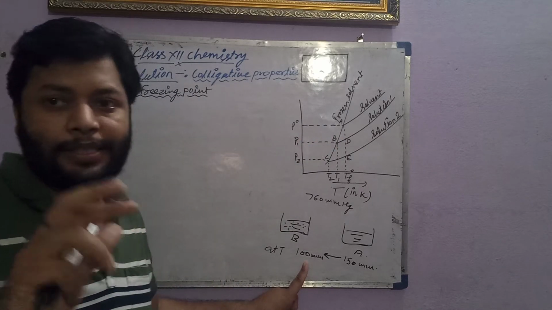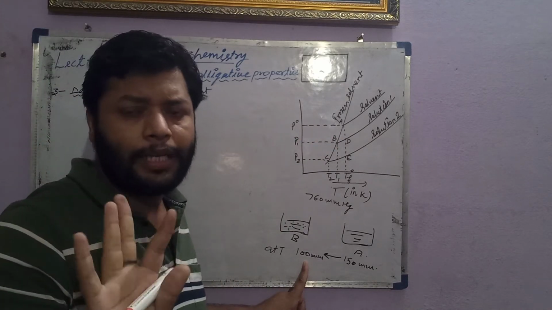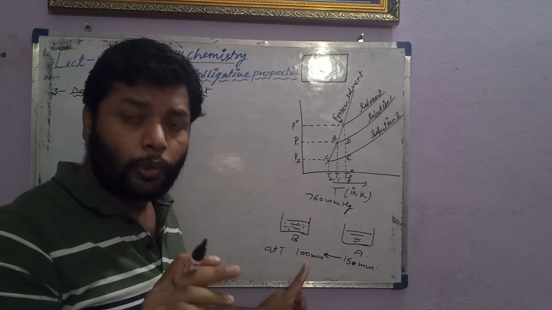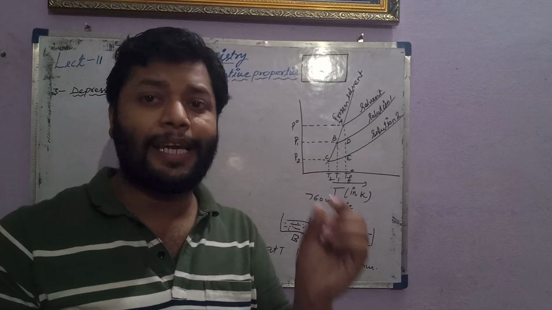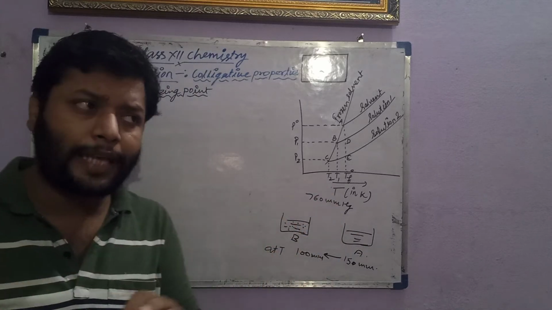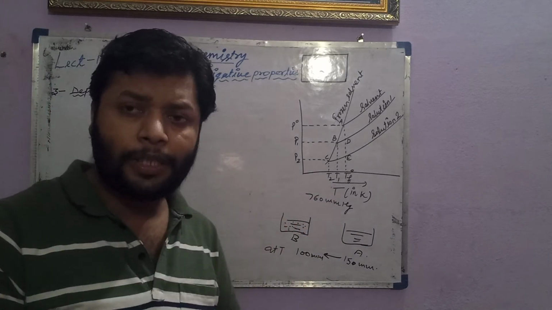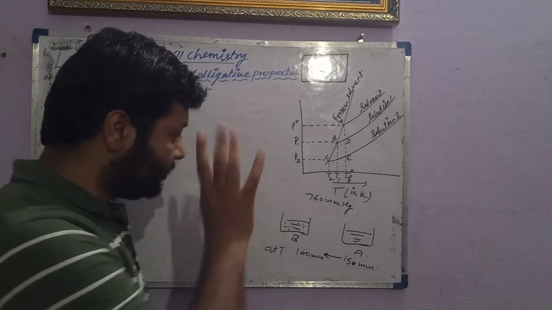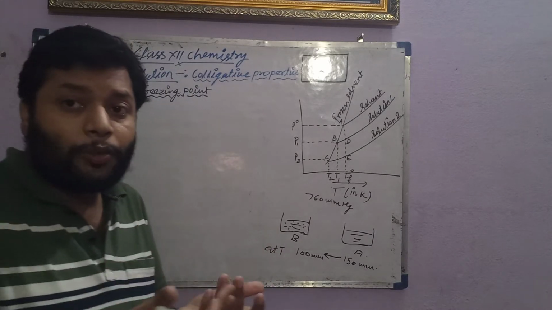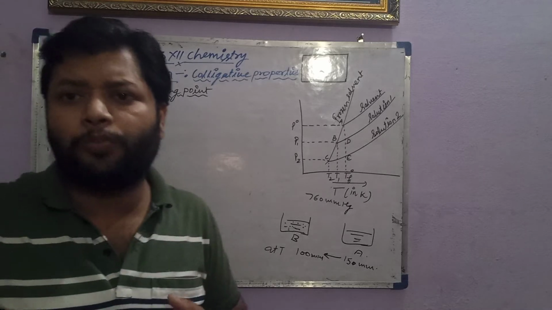That is called elevation of boiling point. That was the last topic we learned. Last lecture was totally based on why there is elevation of boiling point and why there is lowering in vapor pressure when we add a non-volatile solute. That was the concept.